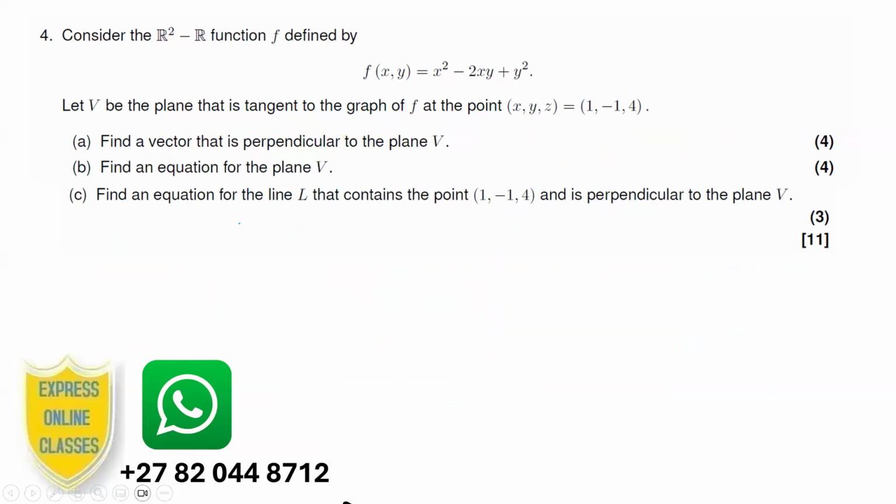In the next question, we want to tackle question C that says find an equation for the line. How do we find an equation for the line that contains the point (1, -1, 4) and is perpendicular to the plane?